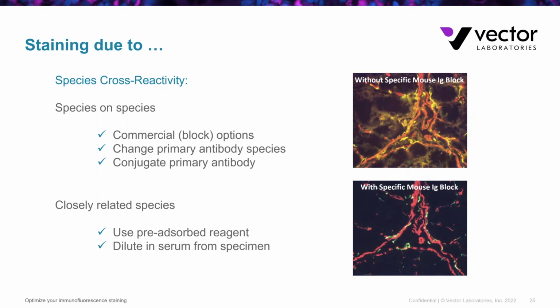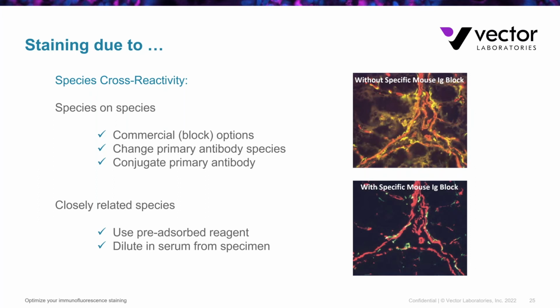So if you are applying a rat primary antibody onto mouse tissue, you would use an anti-rat, mouse-adsorbed secondary antibody, whereby that secondary antibody has been run down a column previously of mouse IgG, and anything that recognizes mouse has been physically removed from that preparation. So it's just the anti-rat that's there with negligible cross-reactivity with mouse IgG.